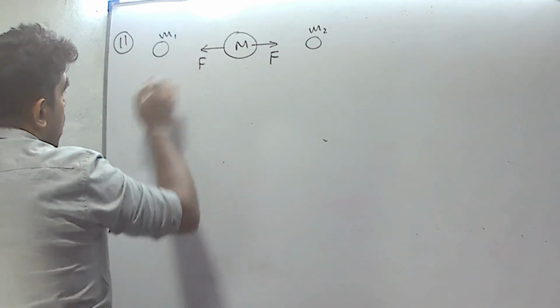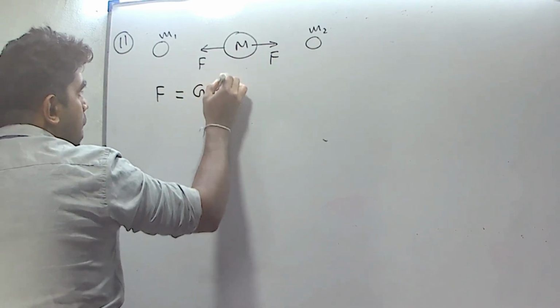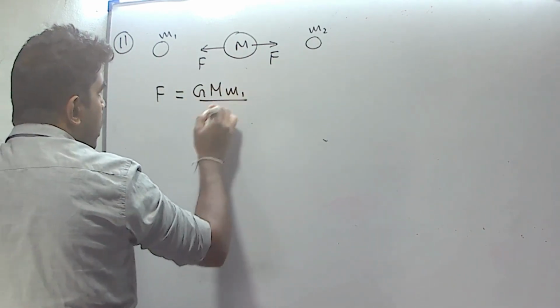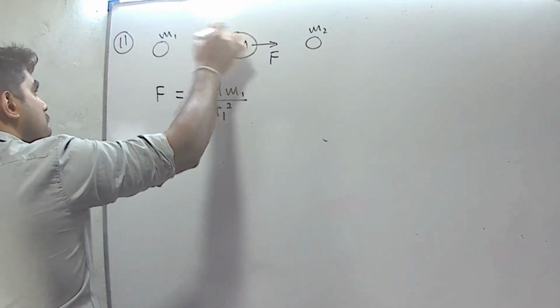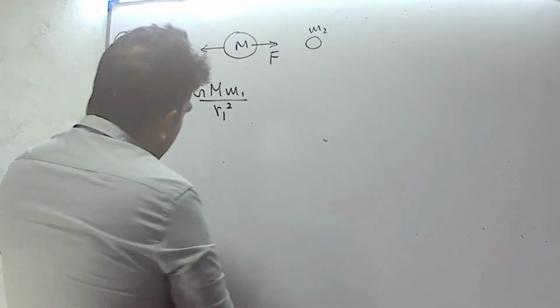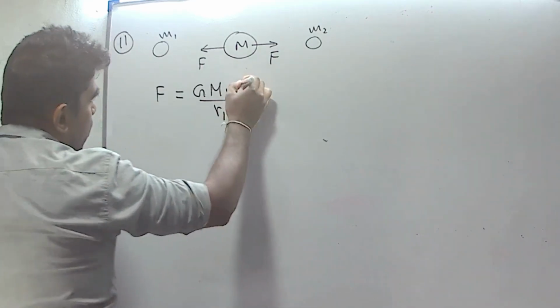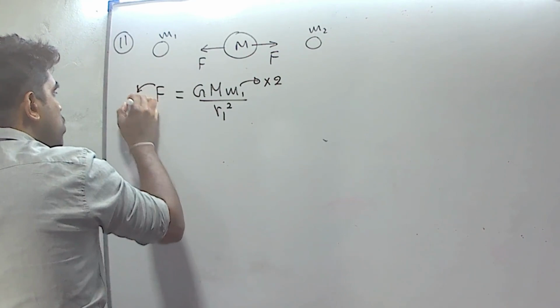We know that the gravitational force is G M1 over R1 squared. This is the gravitational force on capital M due to M1. Now M1 is doubled, therefore the force should be doubled.